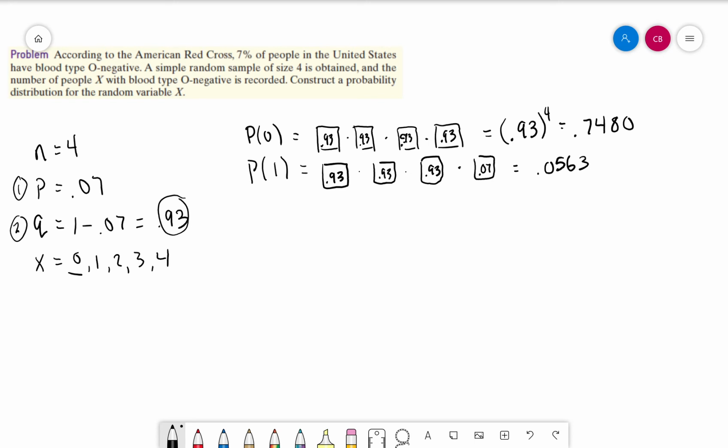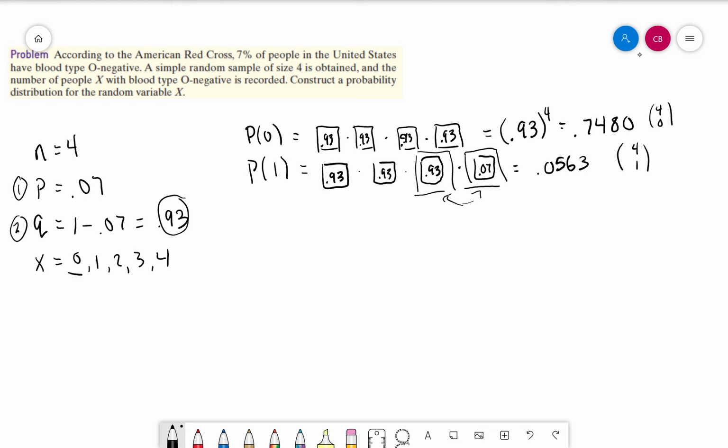But there's one more thing to consider. This is the only case where the 4th person you choose is the one who has the O negative blood. What if it was the 3rd person? What if these two swapped and it was a different order? Then we need to consider the combinations. This one's 4 choose 1 because you're choosing one of the 4, whereas the previous was 4 choose 0, because you're choosing 0 of them to be O negative.